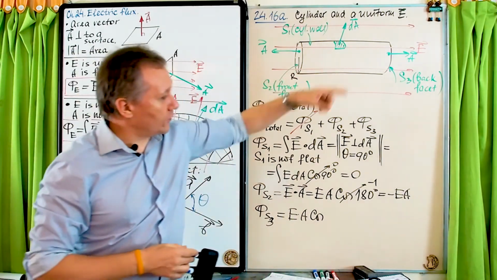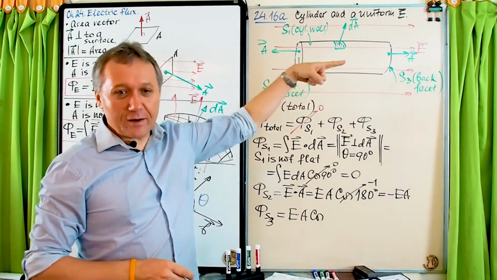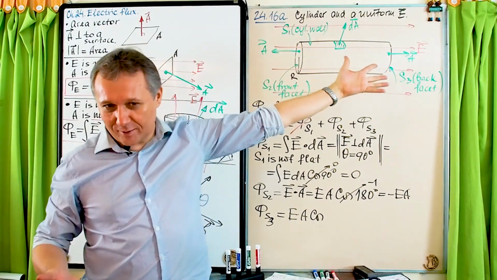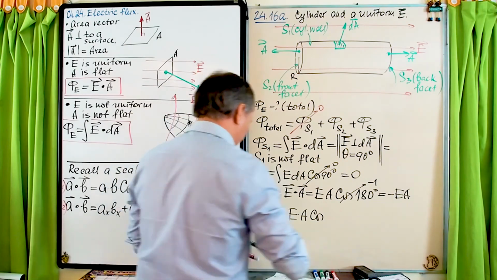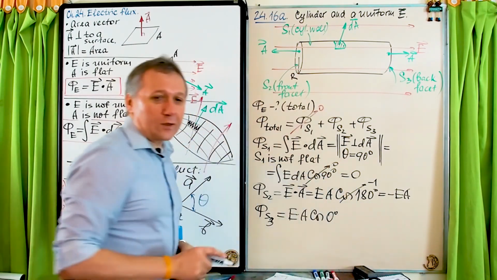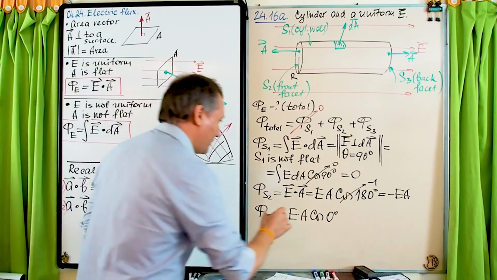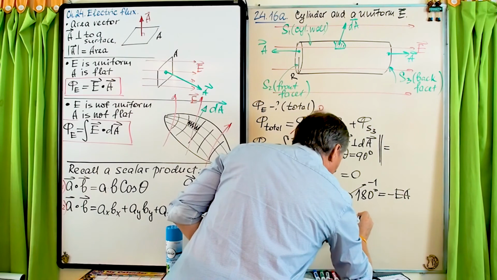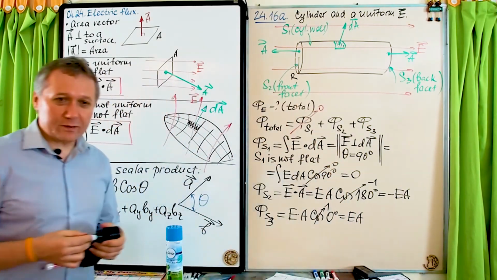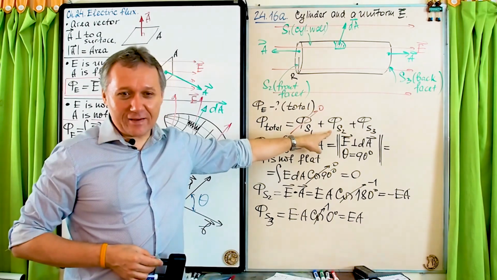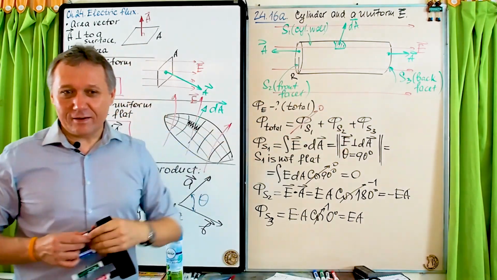Now for that surface, you see on the picture, the area vector points that way, the electric field also points that way, the angle is 0 degrees. Cosine of 0 degrees is 1. So it will be EA. And you see what the answer is eventually. This is minus EA, that is plus EA, the answer is 0.